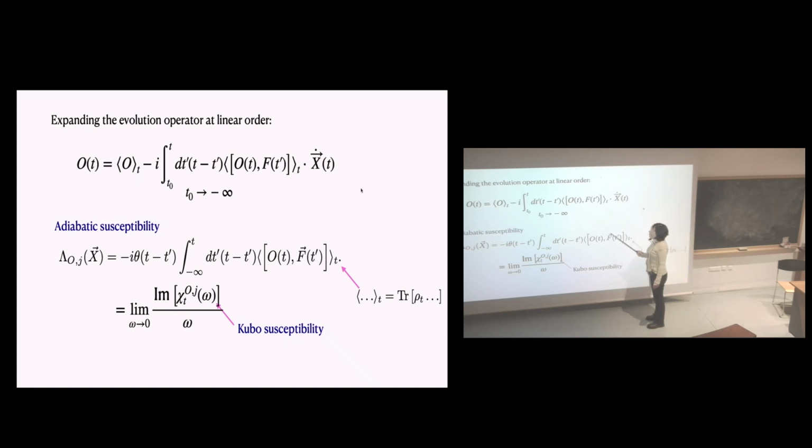But basically, we have in this way an expansion, a linear response, and linear expansion in the velocities. So we have the frozen term plus some correction, which is proportional to the rate at which the parameters change in time.